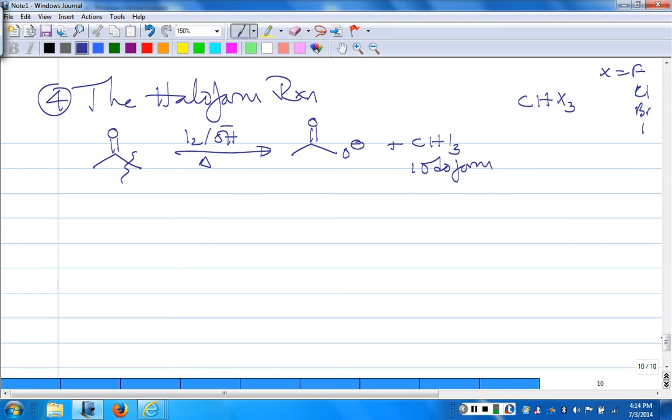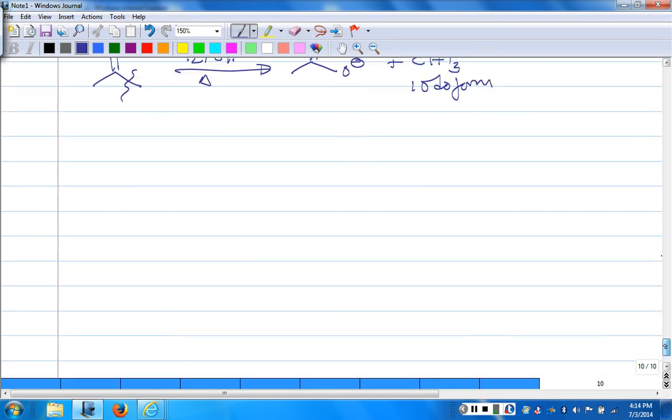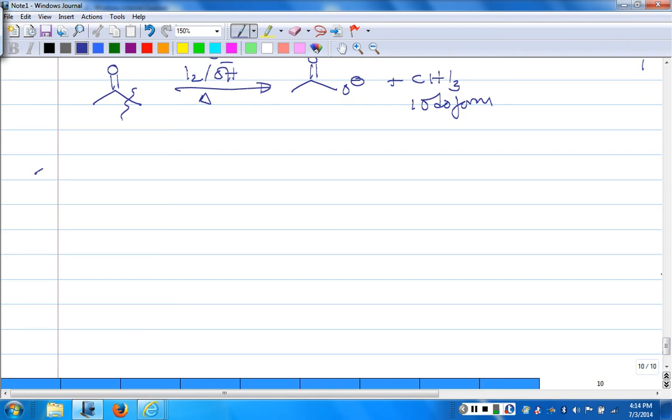All right, so what's the mechanism of the haloform reaction? Well, as you might expect, in the presence of base, the carbonyl compound undergoes enolization. So we deprotonate and we generate the corresponding enolate. The enolate is generated in a matrix that contains a halogen, which, as we've seen, halogens are good electrophiles.